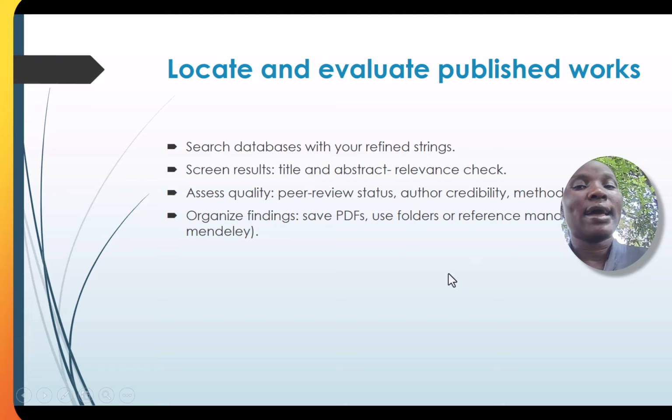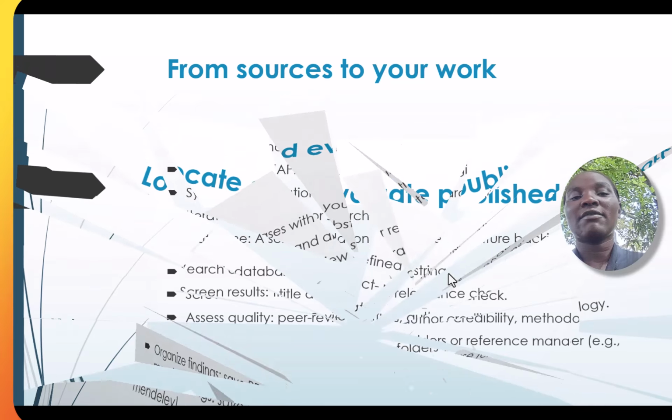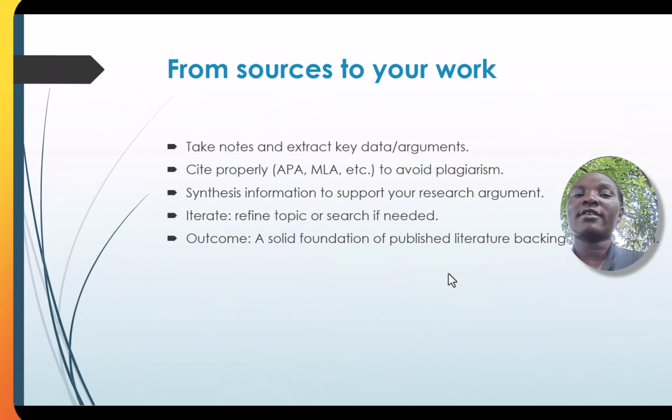In our next slides, we observe that from sources to your work, we need to take notes and extract key data and arguments in the published work that you've found. You need to take notes and extract key data. We need to cite properly to avoid plagiarism, which we are going to see in our next video.